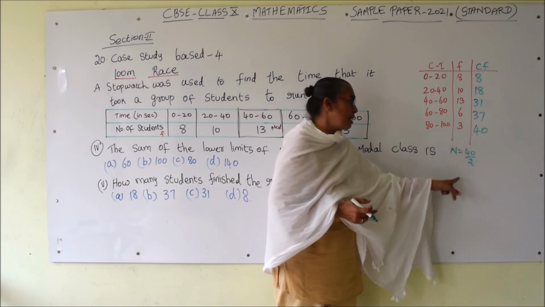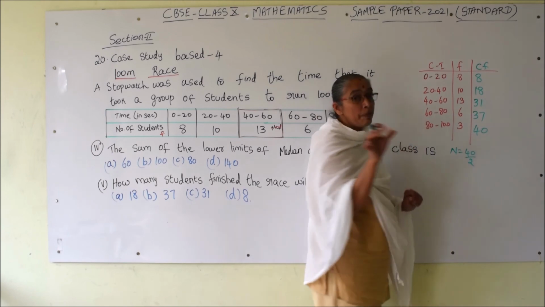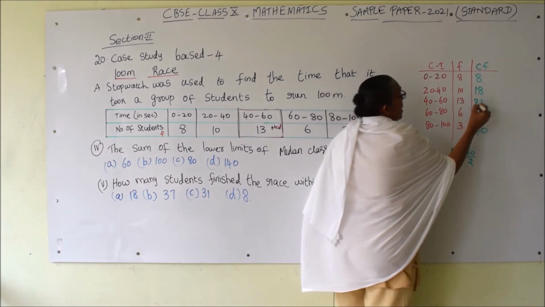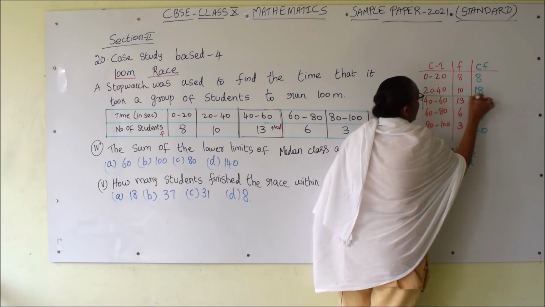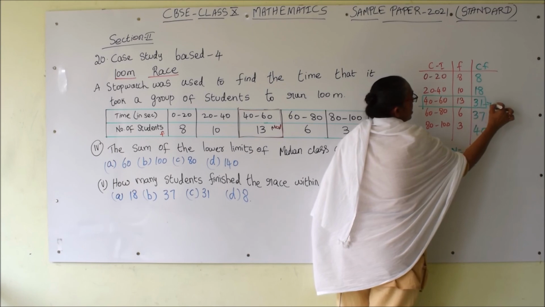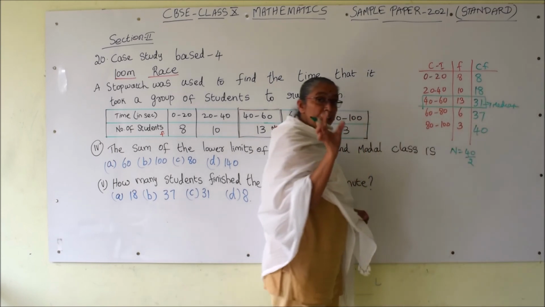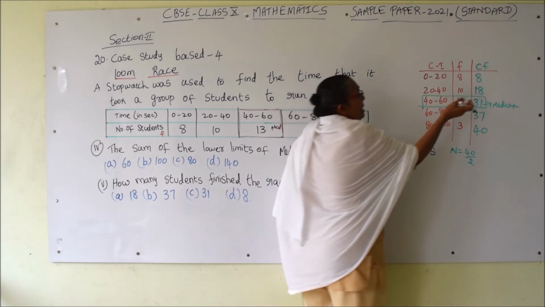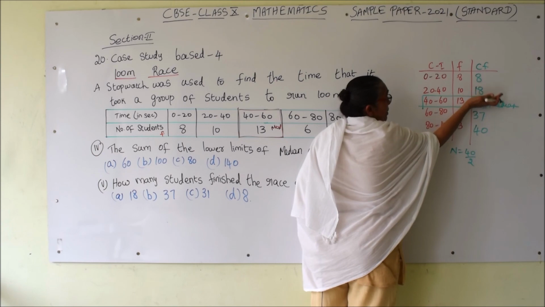So first 40 by 2, 20. Where this 20 lies, we should find out in the cumulative frequency. So that will be between this 18 to 31. So after finding that, you should mark this one as our median class. The value 20 will lie in this place, between 18 and 31.